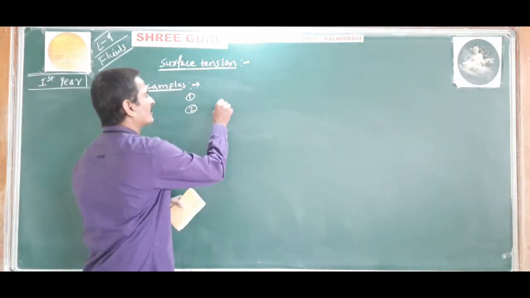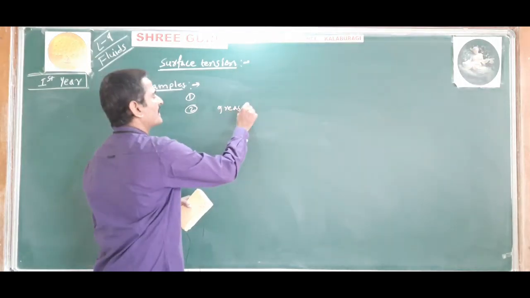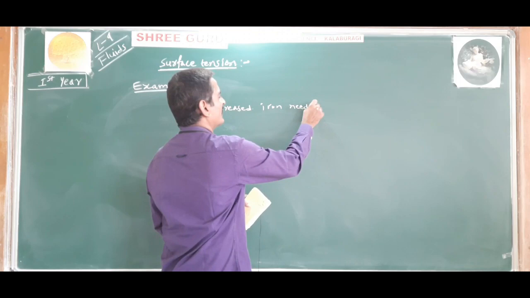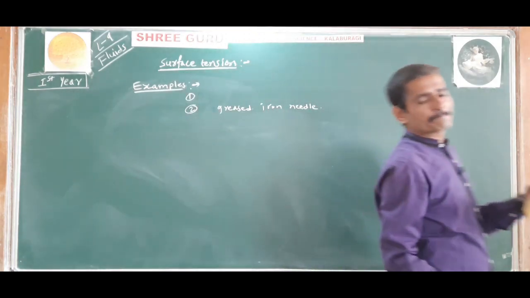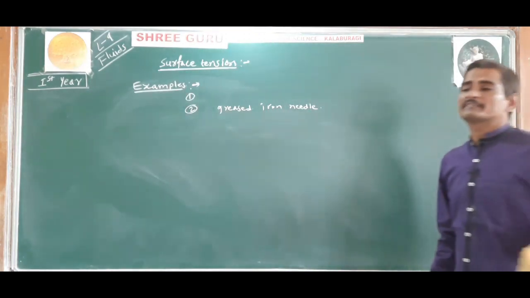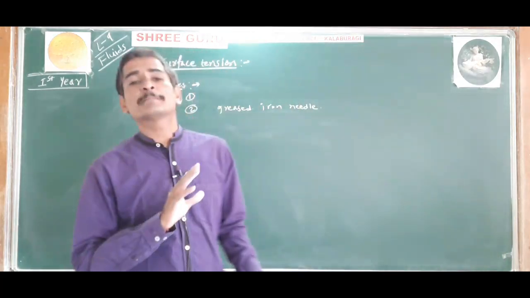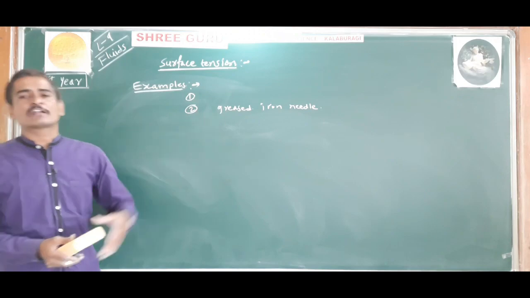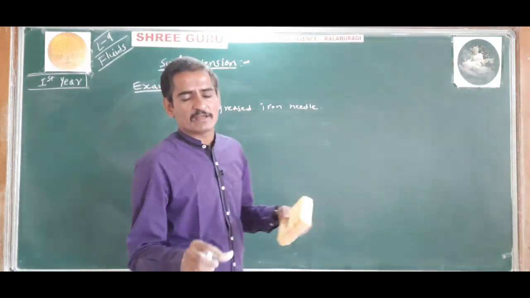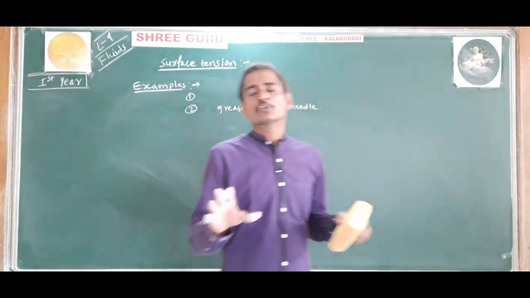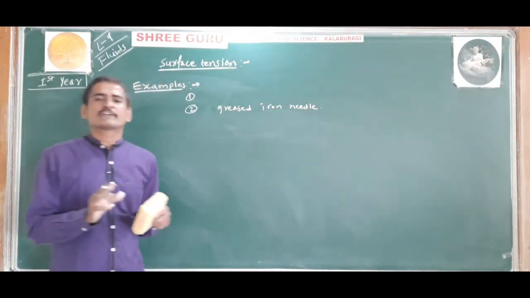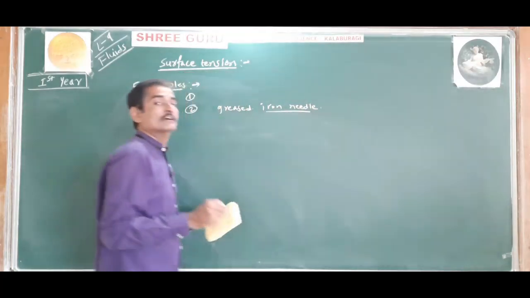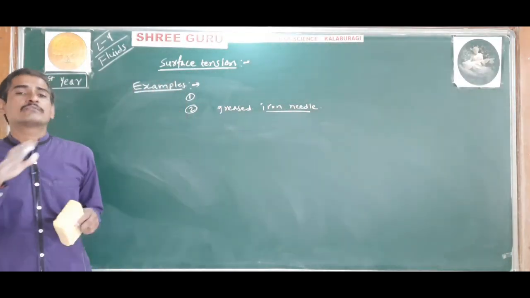A greased iron needle, when gently placed on the surface of the liquid so that it does not prick the liquid surface, will float on the surface of water.